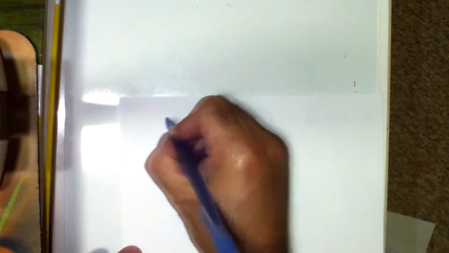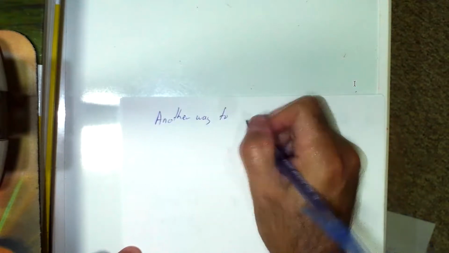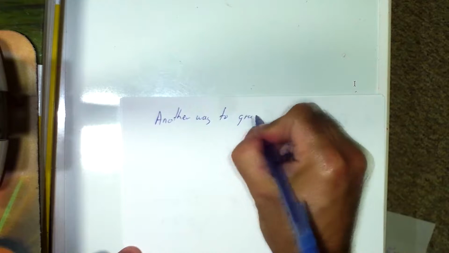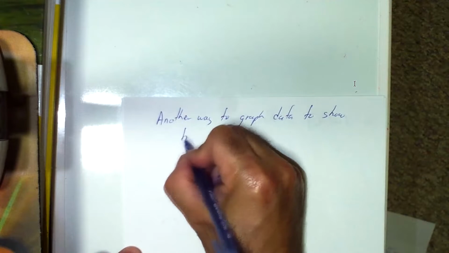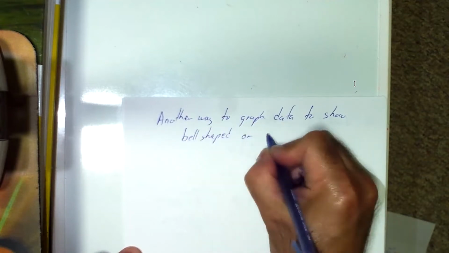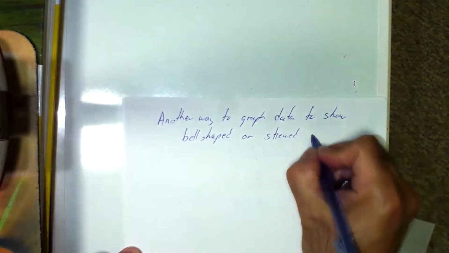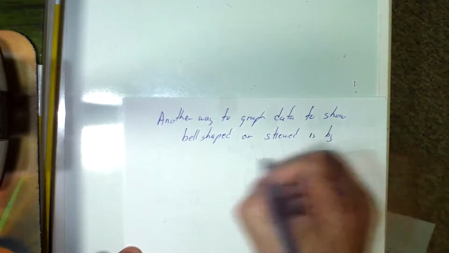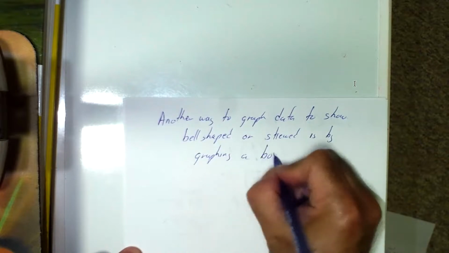Another way to graph data to show bell-shaped or skewed is by graphing a box plot.